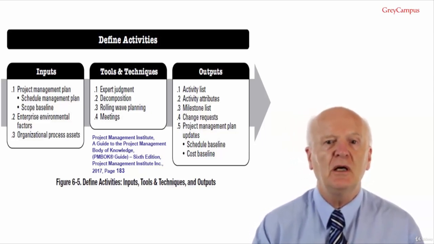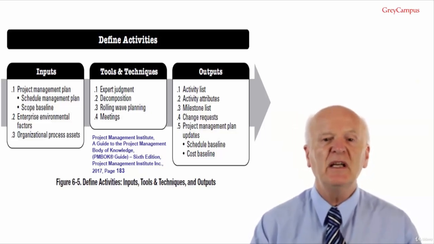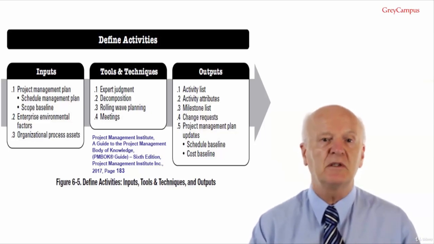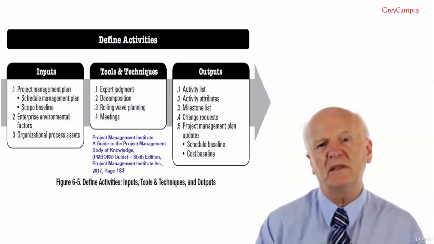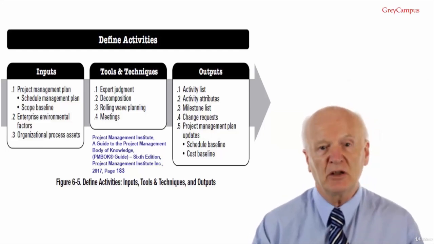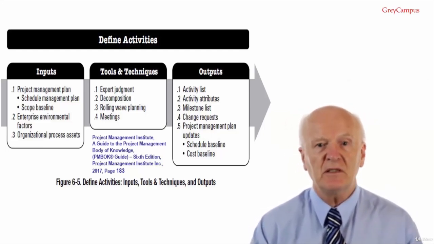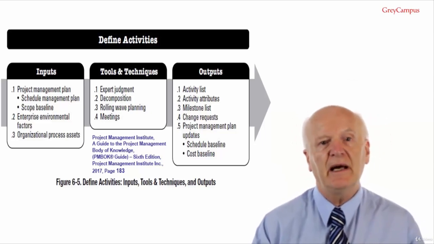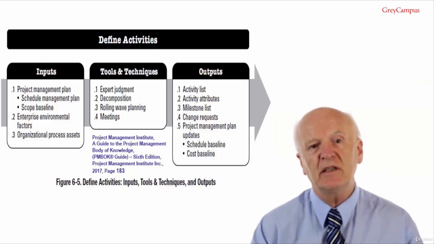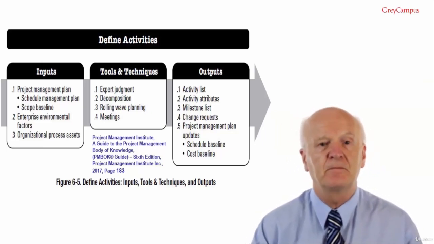Basically, you just park some planning packages in the work breakdown structure and don't decompose them until closer to the time when you're going to need them. An example of this could be when you're building a house, you decompose a control account for the foundation down to work packages, then decompose your work packages to activities, then complete schedule and start work on building the foundation. When the foundation has been built, you can start decomposing other planning packages.